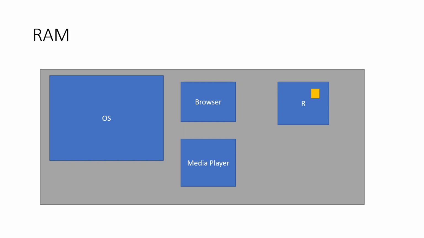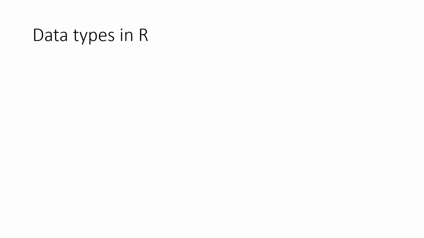Any more assignment that you make would also be stored within the same space which has been allocated to R, and so forth. Now, R doesn't just put things inside the RAM just like that. It needs to first of all know what type of variable you've asked it to create, on the basis of which it will determine the amount of memory that it should allocate for that.